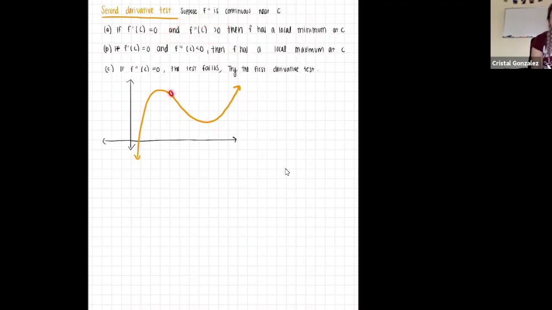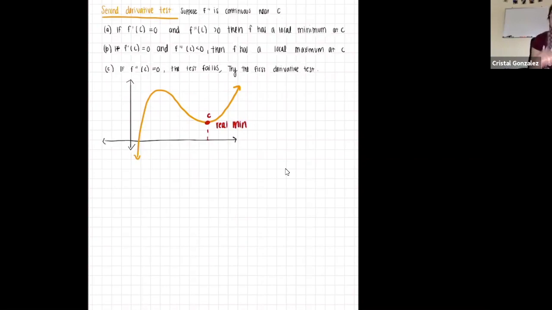If we are concave upward, we're making this happy face shape, so we have a valley. That means we are at a minimum of our function. So if we have a critical point by taking the derivative and setting it equal to 0, and we find out that the second derivative at that point is greater than 0, then it's going to be a minimum. So, for example, let's say this is our value c. This is a real minimum.